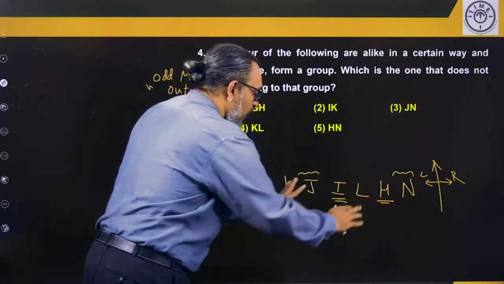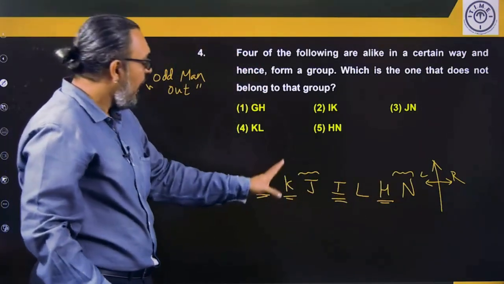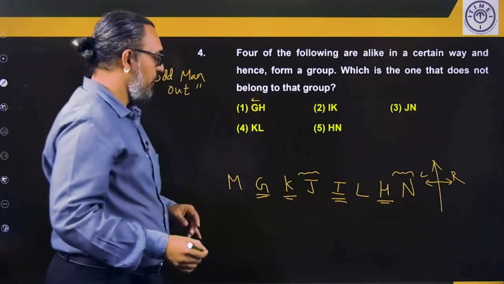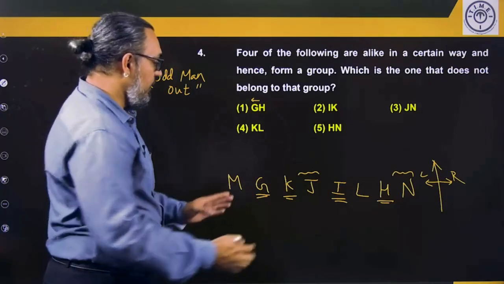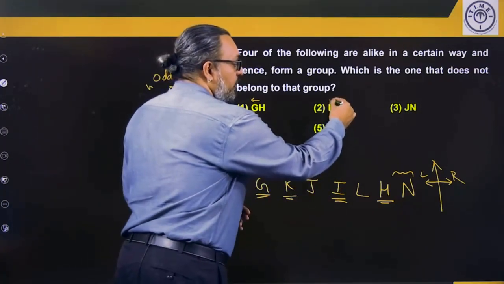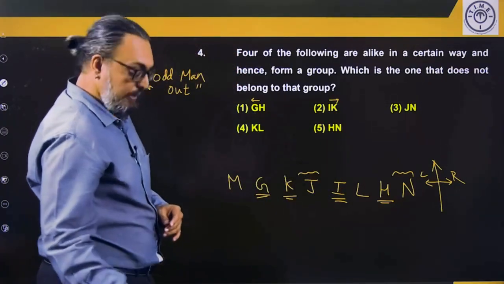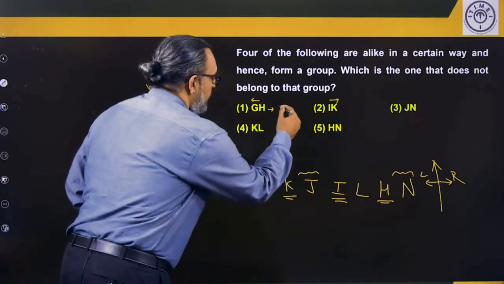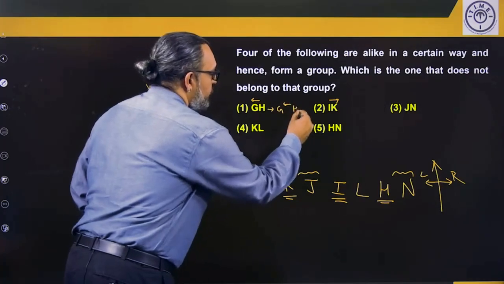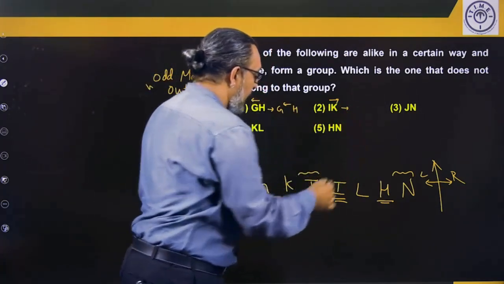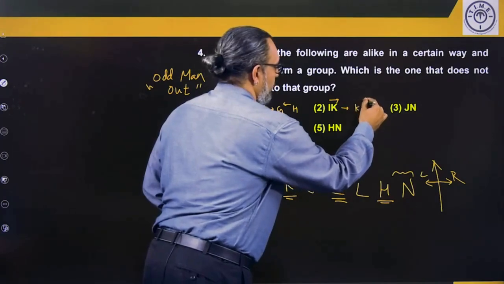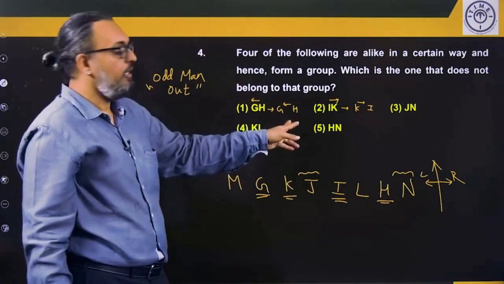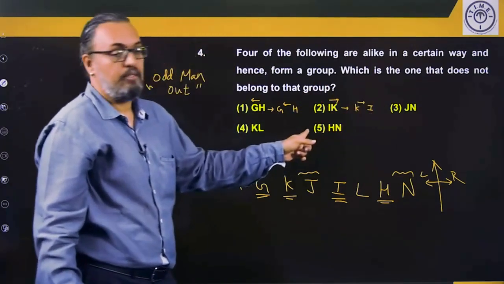In between G and H, you have 4, and can I say G is left of H? So, G is on the left side of H. Now, I and K. Here in between there is one person. So, here I will write G is on the left side of H, and here I will write I is on the right side of K. So, here the first person was left of the second person, here the first person is right of the second person.